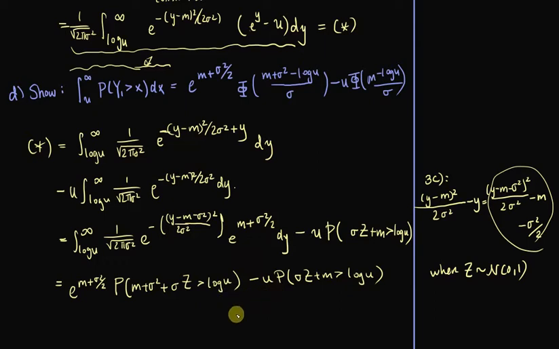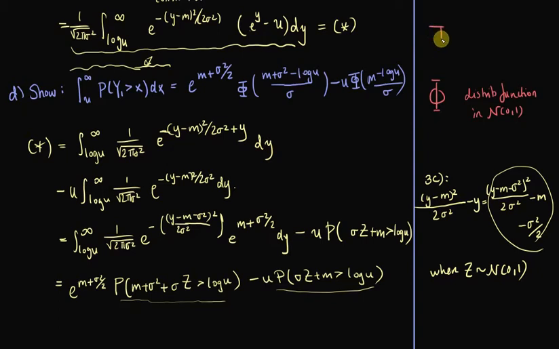Okay, we are almost there now. The reason we're almost there is because we want to rewrite these two probabilities in terms of the phi up here. Recall that phi is the symbol for the distribution function in the standard normal distribution.